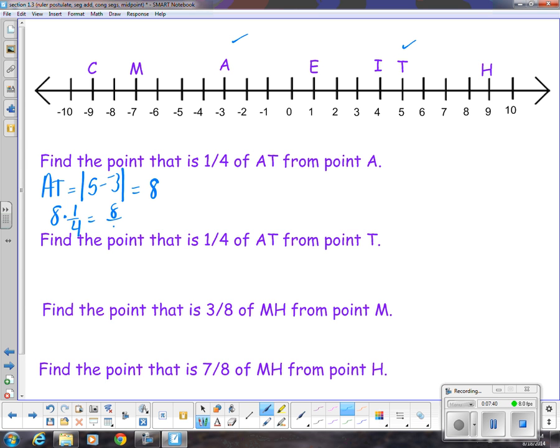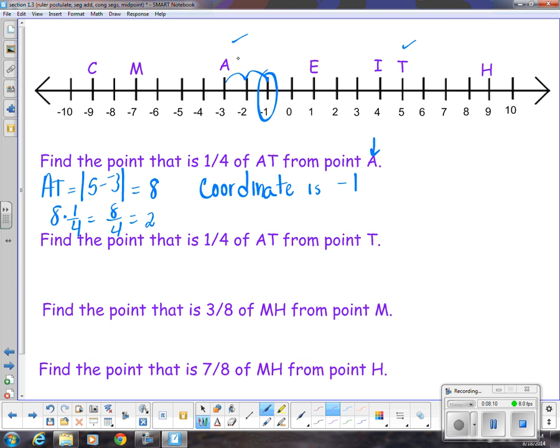That's going to be 8/4, which is 2. So now, from point A, I'm moving 2 units. The coordinate of the point that is 1/4 from A of segment AT is -1.